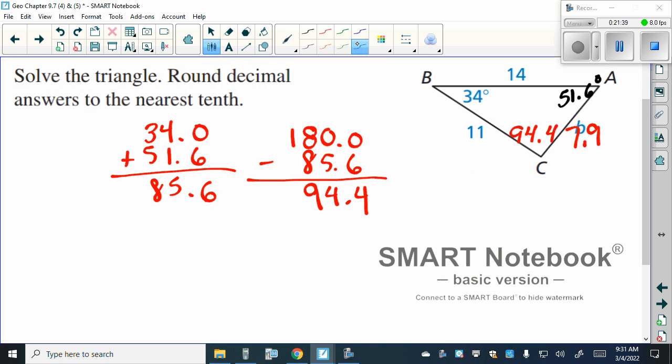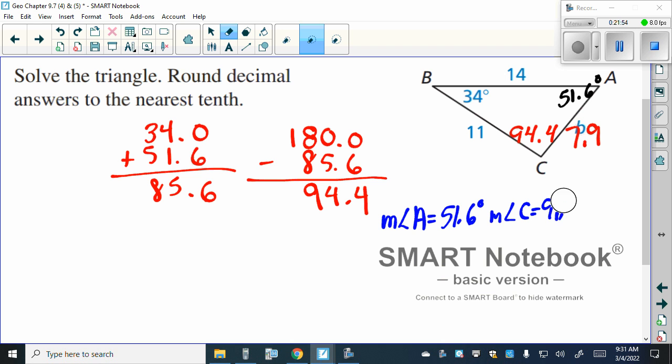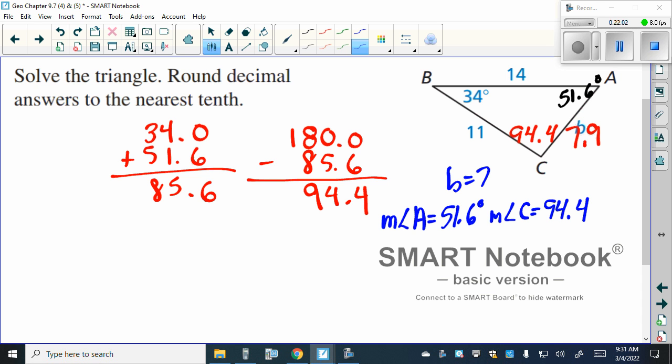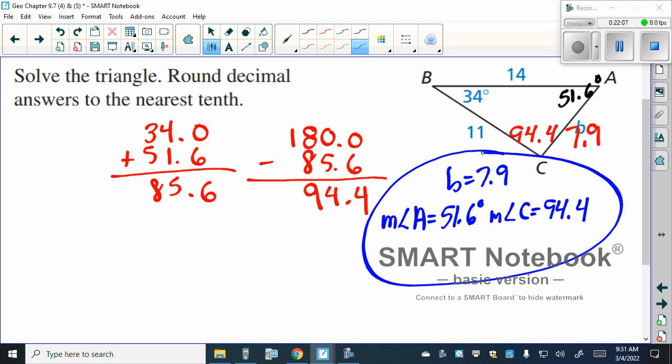So for our final answer, the measure of angle A was 51.6 degrees. The measure of angle C was 94.4. And side length B was 7.9. And that's it.